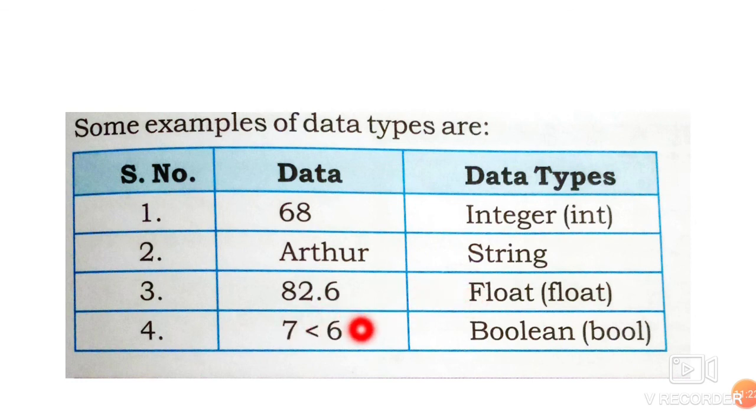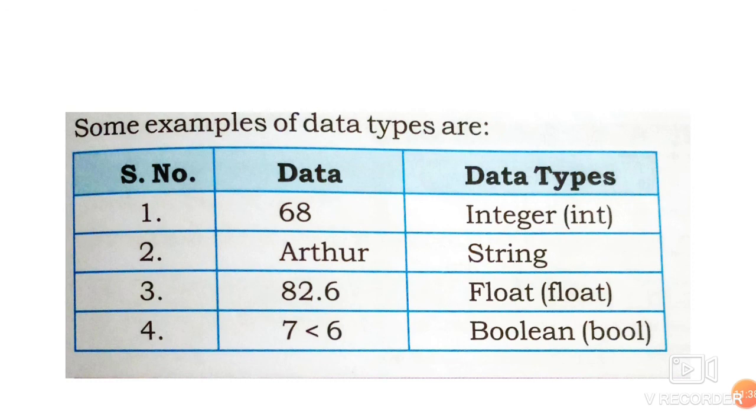Then 7 less than 6, so it's a boolean. Boolean means either true or false. Is 7 less than 6 true? No, it's false, so it will give you false. In this way we can assign the data type.